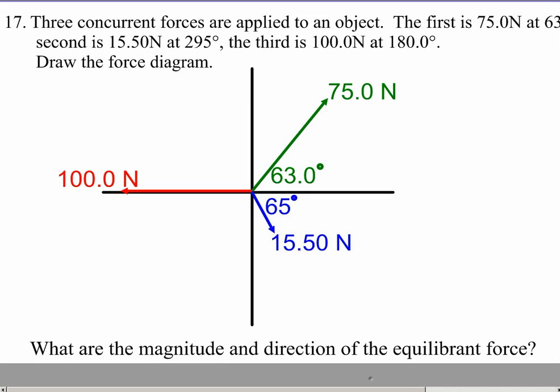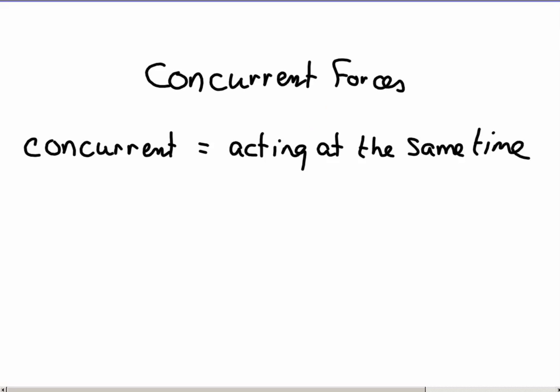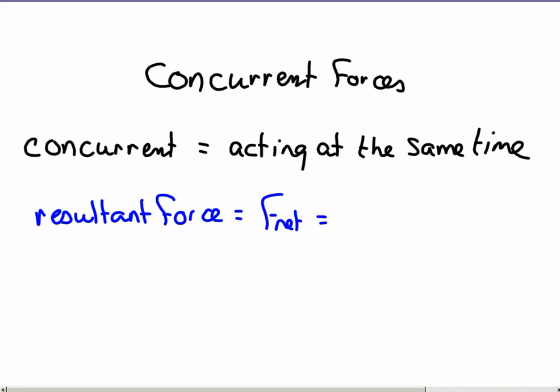Okay, so there's a second term. Before we get to equilibrant force, we need to define something else. So the next term we're going to define is resultant. The resultant force is the net force acting on the object, or the sum of all the original forces, the vector sum.